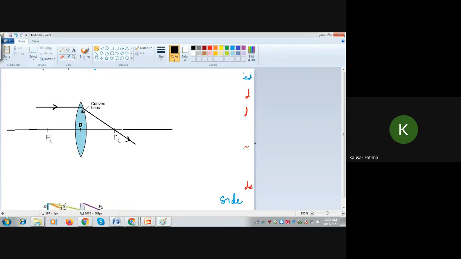So this is your 2F, this is 2F1, and the object is placed somewhere here.